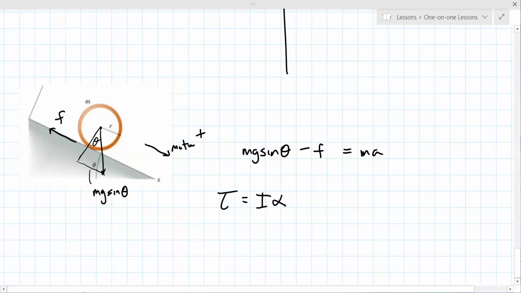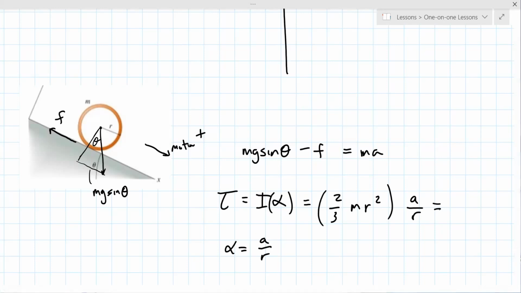The I for a hoop is 2/3 mr squared, and alpha is equal to a over r. And this is all equal to force times radius, F R.